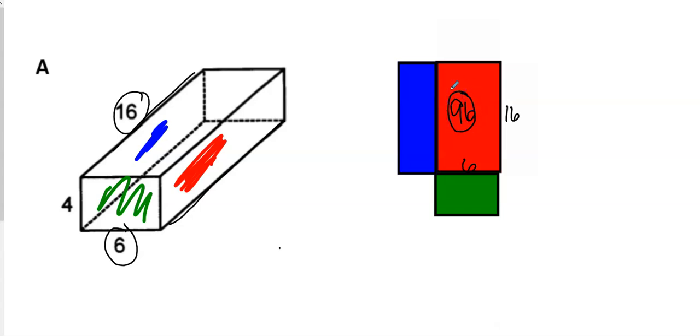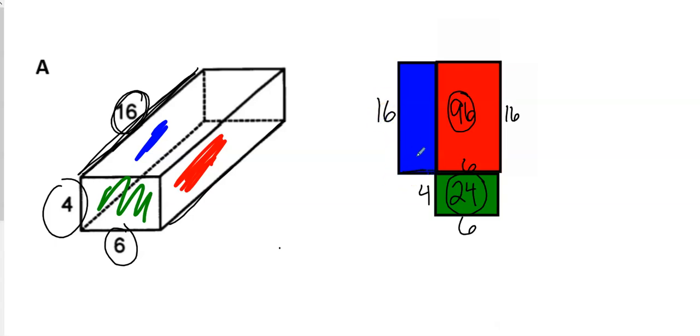All right, let's go on to the front of the shape. Again, we know this is 6, and then we know that this part is going to be 4. So we're going to calculate the area, 6 times 4, and that's going to be 24 square units. Okay, now the third part, we're going to look at the blue over here, and you can see that the longer side, as we already have labeled here, is going to be 16.